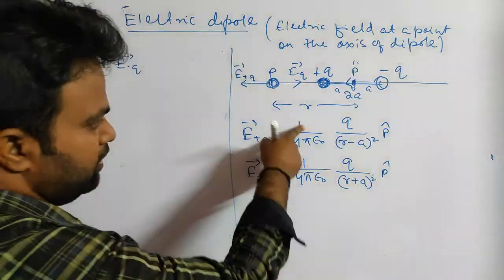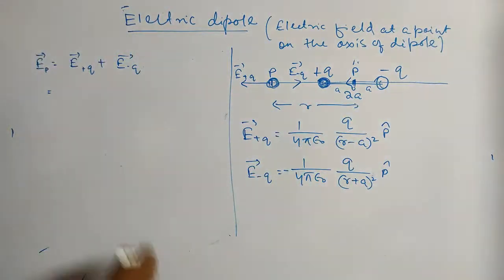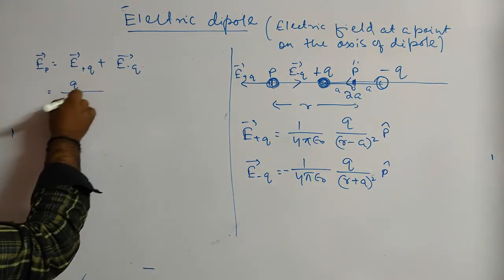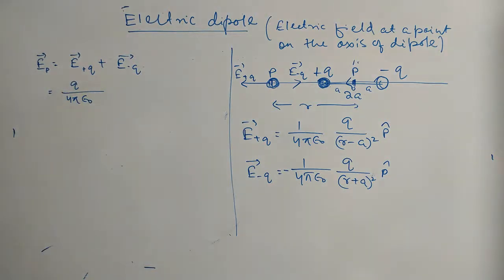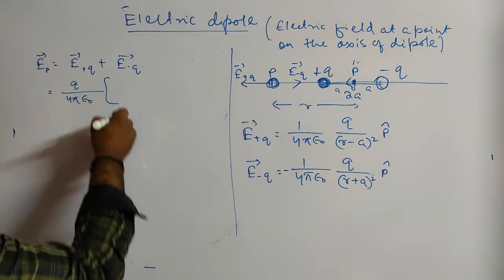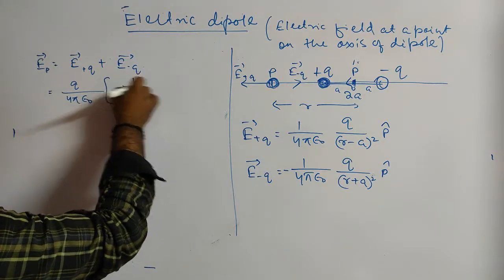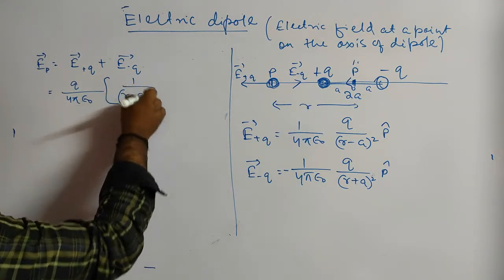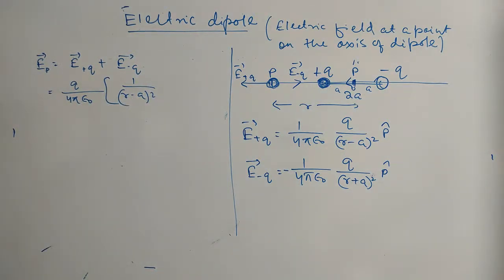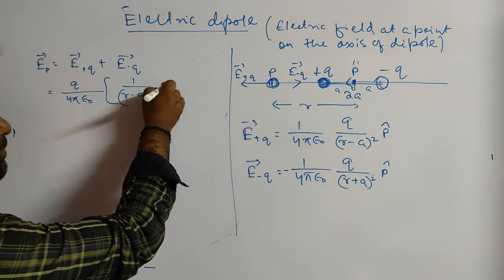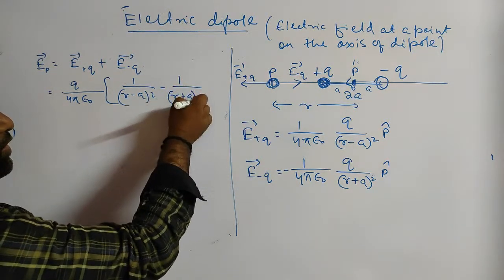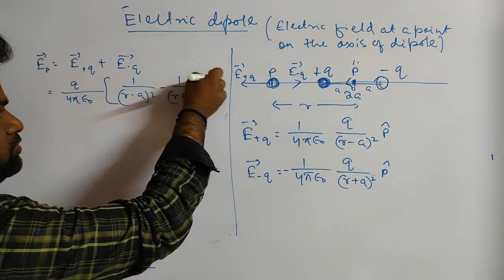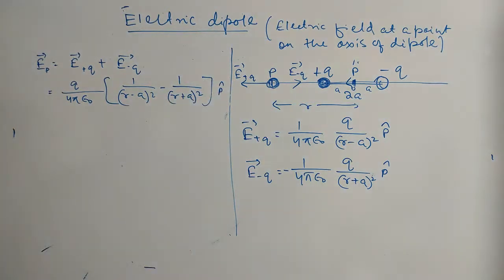You can see 1 by 4 pi epsilon naught Q is common, so I can take it out, that is Q by 4 pi epsilon naught, inside the bracket 1 upon r minus a whole square, minus 1 upon r plus a whole square, p cap. P cap is the direction.